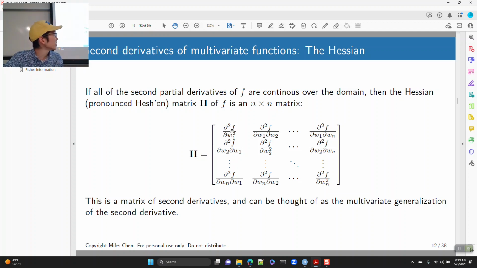You get the partial derivative of f with respect to W1 and W1, W1 squared, and then the partial derivative with respect to W1 and W2, and so on. So this is a matrix of second derivatives, and we can think of this as our multivariate generalization of the second derivative, but now we get this square matrix, the Hessian.